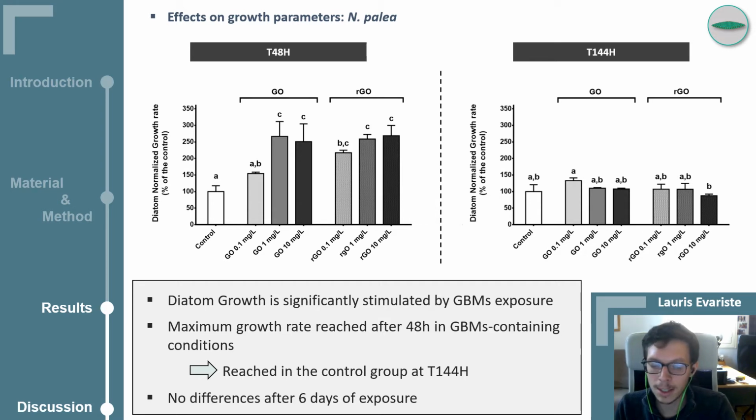At the end of the exposure, we did not observe any differences in growth rate between the control and the exposed conditions. We think that it's mainly due to silica limitation in our system.